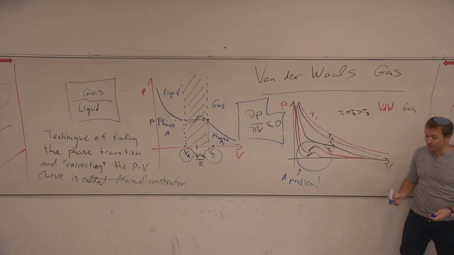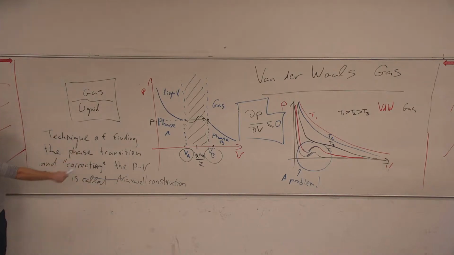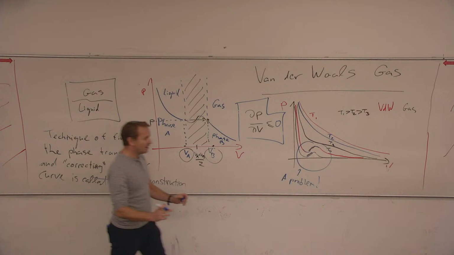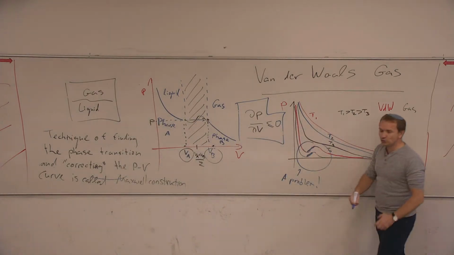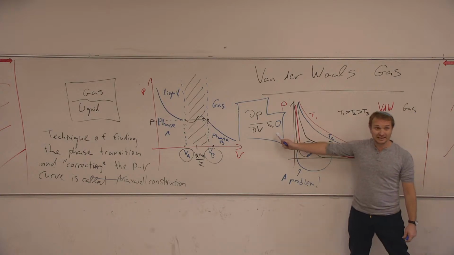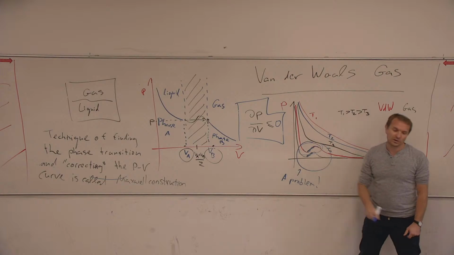I completely agree with you, and this was what was thought by Maxwell, and this is why the technique that we are going to describe over here is called Maxwell construction. He's not assuming that only here it's not correct. He's using some general laws about stability, okay, in order to describe the whole region where it's not correct.